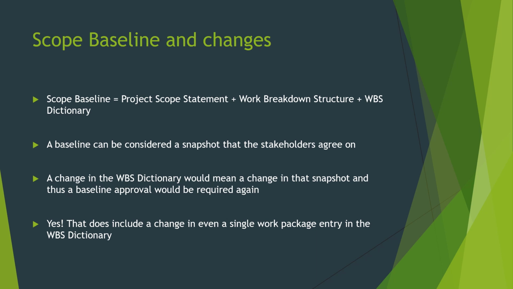Now, with those empty fields, if you go out and seek a baseline vote, and let's say you're granted that baseline vote, tomorrow, if you're going to enter any information in those fields, you would need a baseline vote again, or you would need the WBS dictionary to be re-baselined. As a result, your scope baseline will be re-baselined.